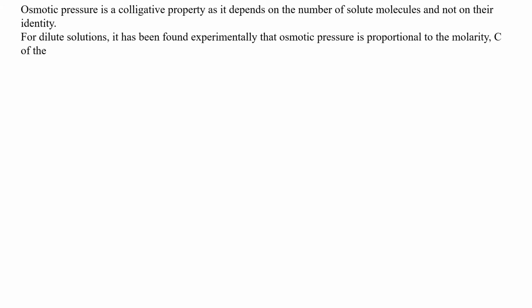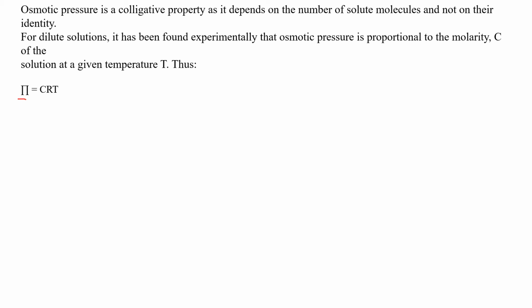Osmotic pressure is a colligative property as it depends on the number of solute molecules, not on their identity. For dilute solutions, it has been found experimentally that osmotic pressure is proportional to the molarity, that is the concentration of the solution, at a given temperature T. Osmotic pressure is denoted by pi, as we have already discussed.